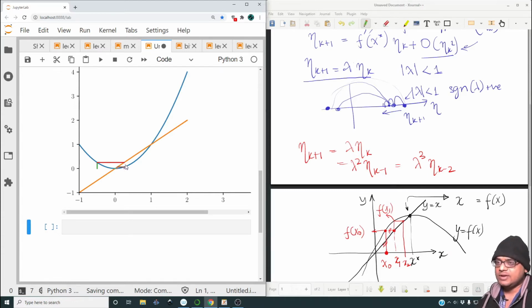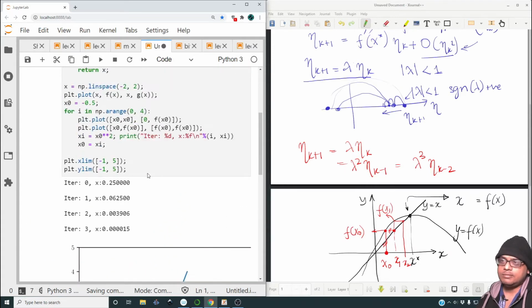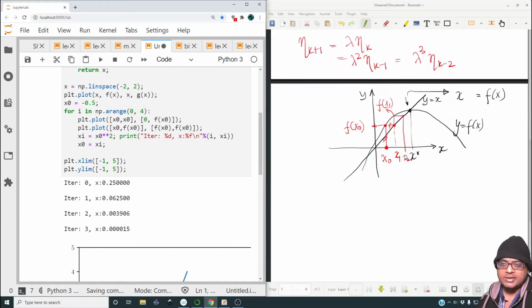So it's converging like this. Okay, the point that I'm trying to make is it depends on what the value of the root is at the point, and depending on that we will achieve convergence or divergence.